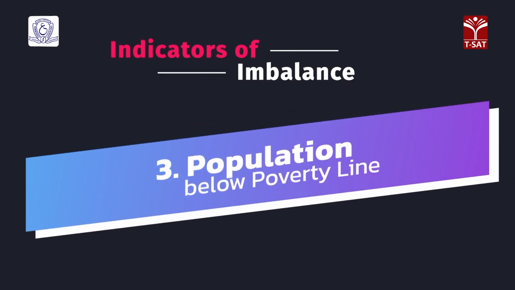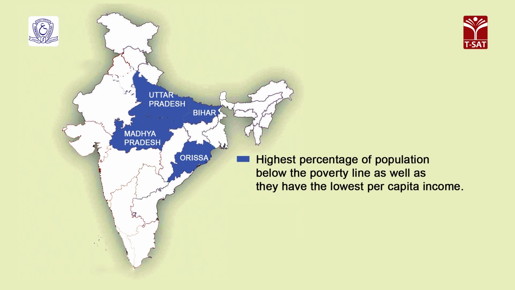Now, the population which is below the poverty line. Percentage of population living below the poverty line in different states is another important indicator of regional imbalance or disparities. Bihar, Orissa, Madhya Pradesh and Uttar Pradesh are the 4 states which have the highest percentage of population below the poverty line, as well as the lowest per capita income in the country.